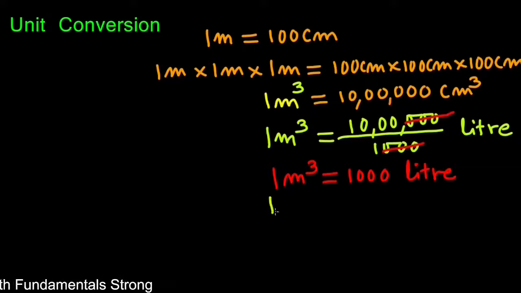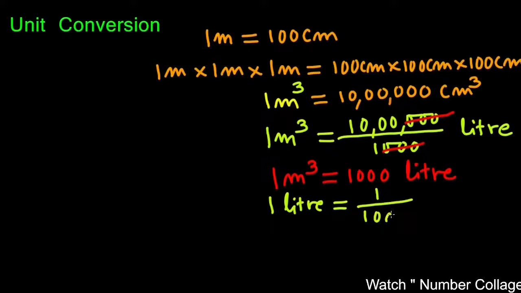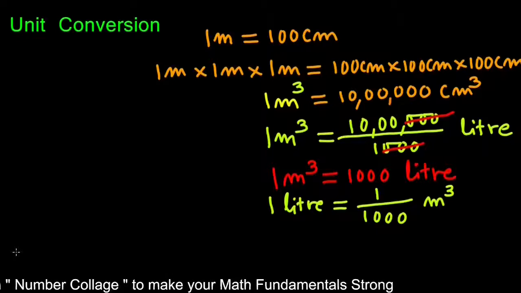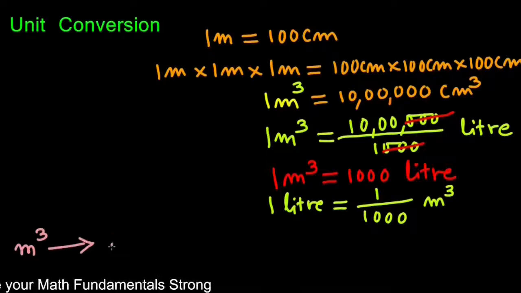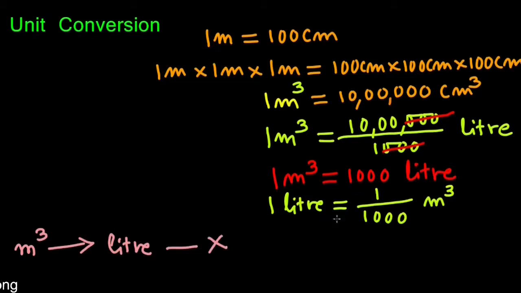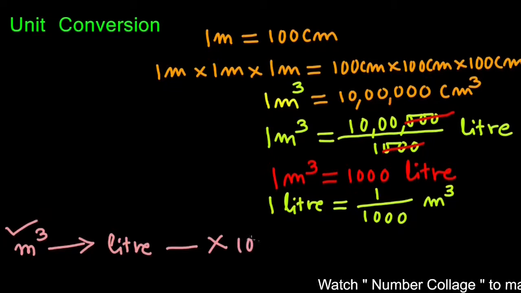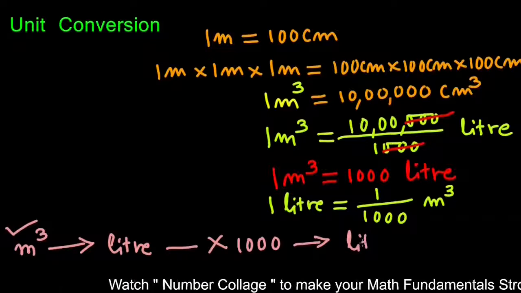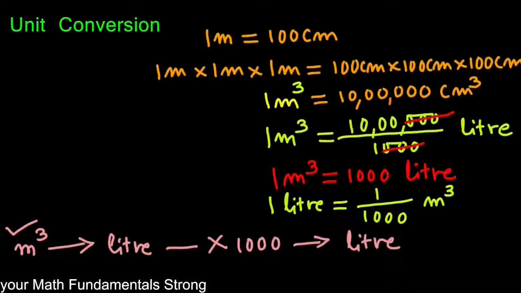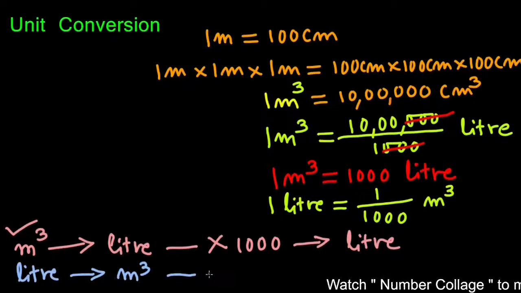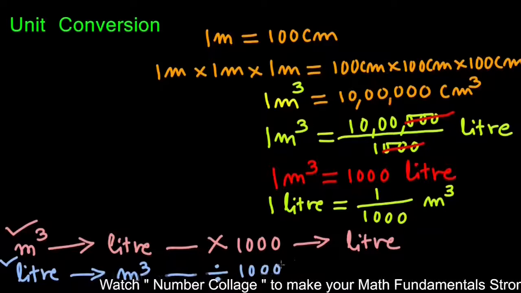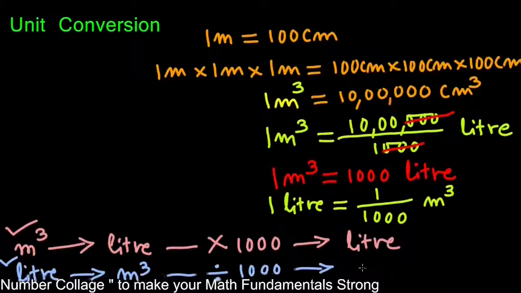Conversely, 1 liter equals 1 upon 1000 meter cube. So therefore, if we want to convert meter cube into liter, then we have to multiply this meter cube by 1000 to get the answer in liter. And conversely, if we want to convert liter into meter cube, then we have to divide liters by 1000 to get the answer in meter cube.